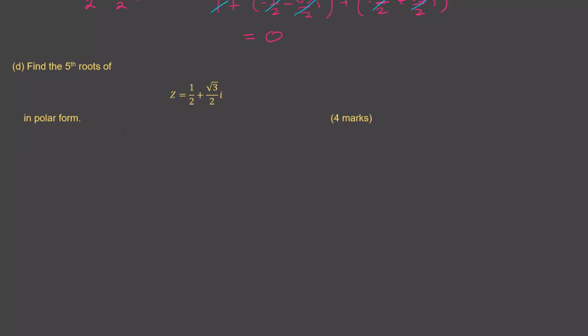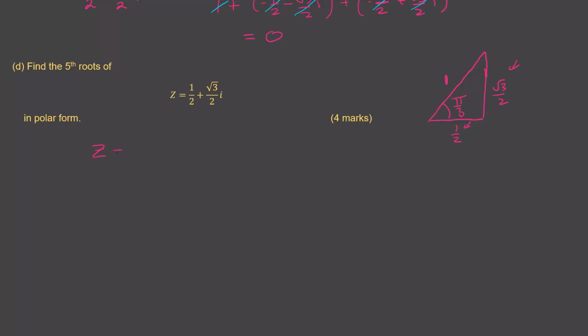Now finally we want to find the fifth roots of z equals a half plus root 3 over 2 i in polar form. So if we go a half and root 3 on 2, again just like at the beginning, Pythagoras is going to tell us the length is 1, and the tangent here would have root 3 over 1, or just root 3, telling us that this angle is pi by 3.